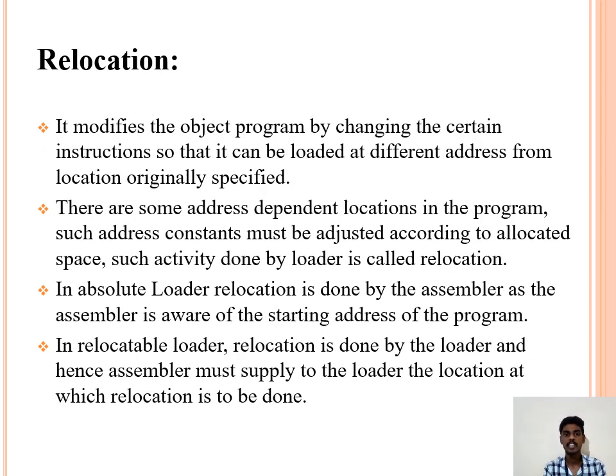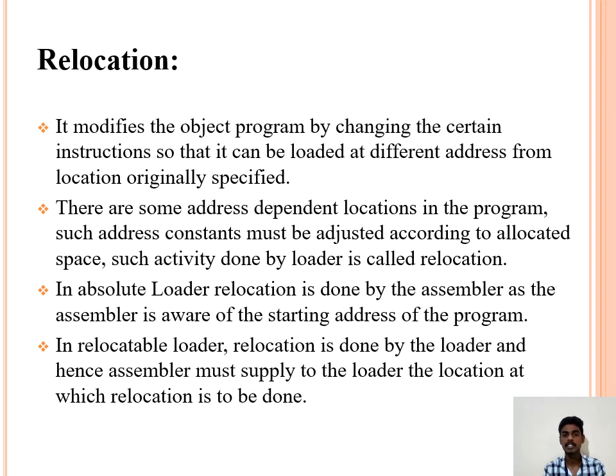Now coming to relocation. It modifies the object program by changing certain instructions so that it can be loaded at a different address from the location where it was originally located. There are some address-dependent locations in the program. Such address constraints must be adjusted according to the allocated space.